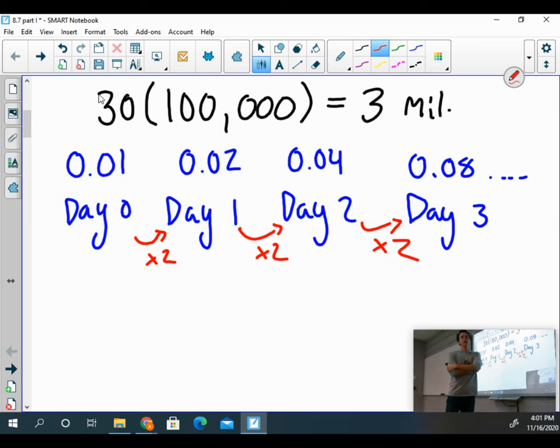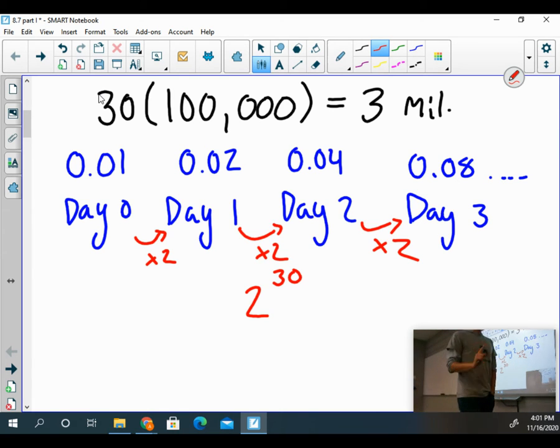And the whole point of an exponent is that it's an easier way of writing when something is multiplied by itself over and over and over again. So instead of just multiplying by 2 30 times in my calculator, here's what I'm going to do. We are multiplying by 2 every single day for 30 days, which means I'm doing 2 to the 30th power.